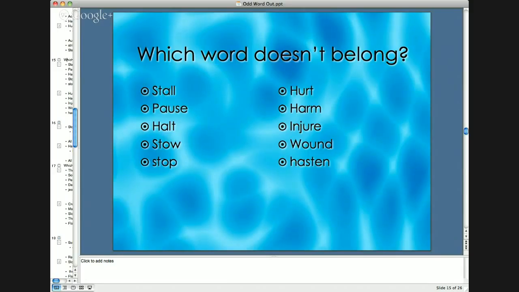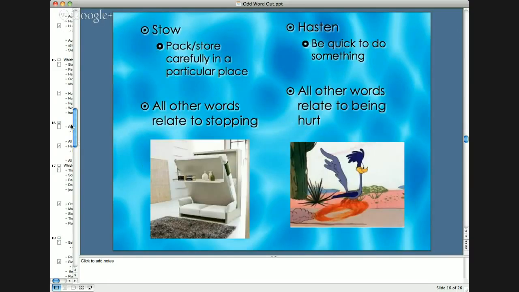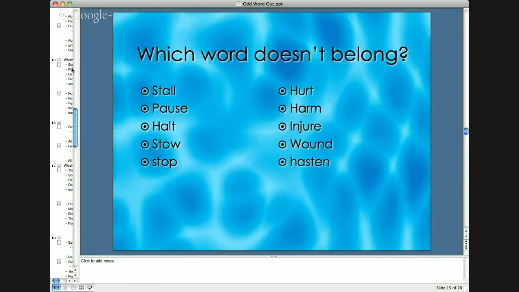Halt and stall might be new. What does stow mean? The answer is stow. This means to pack or store carefully in a particular place. So as we can see, this bed is being stowed away, right? It's being put back in its place. And all the words relate to stopping or pausing. To stall means to take time, and to halt means to stop.